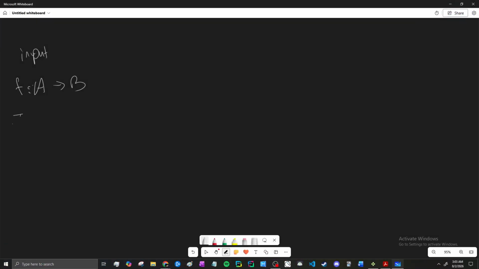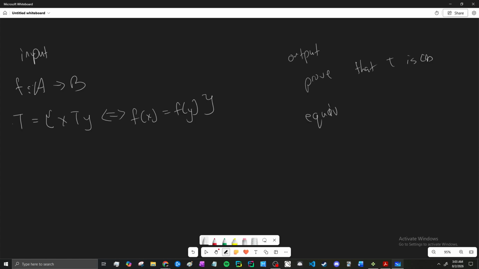T is a set where x T y. Prove, okay, so the output: prove that T is an equivalence relation on A. A is an arbitrary set, obviously.